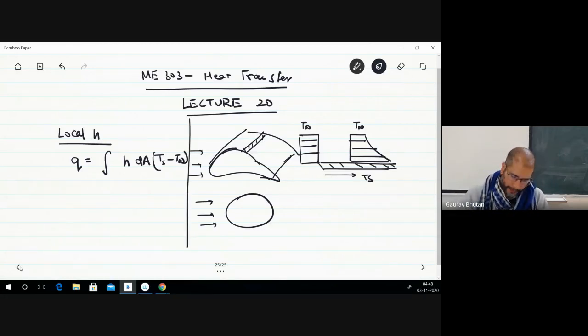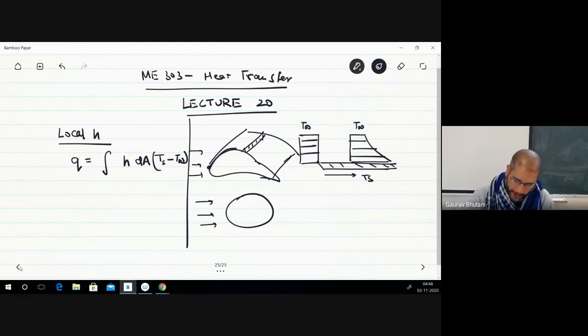This was how you defined h as a function of x, and then you integrate over the surface area, which again dA can be written in terms of x, which is the distance from the leading edge. In most cases, you would want to find the q across the whole body.